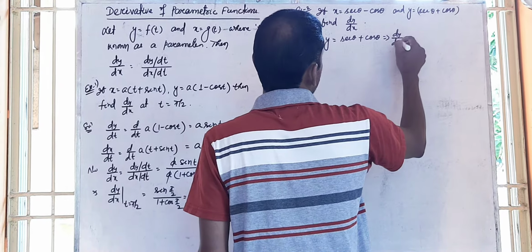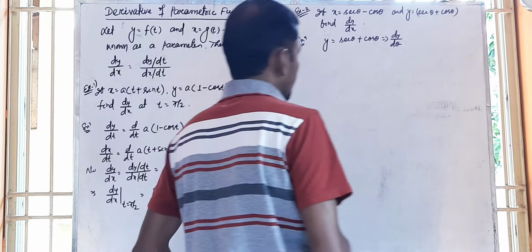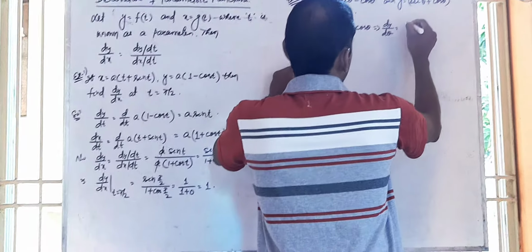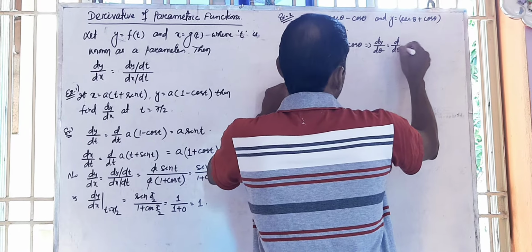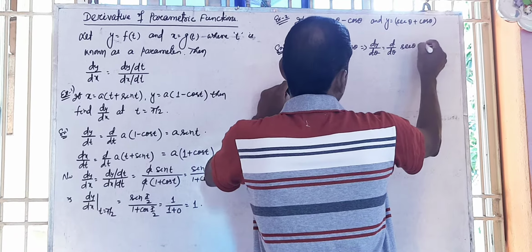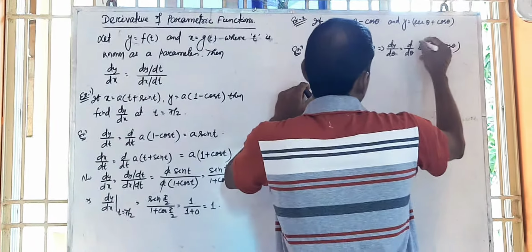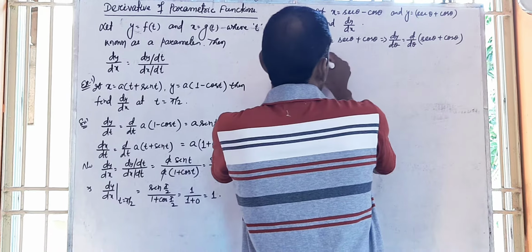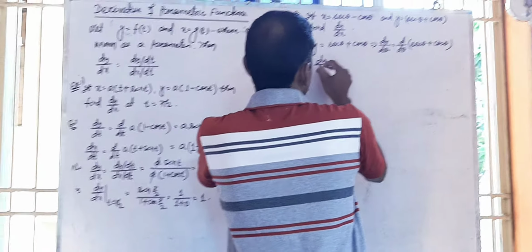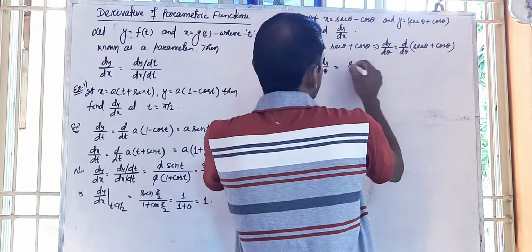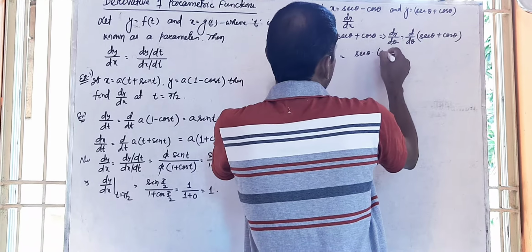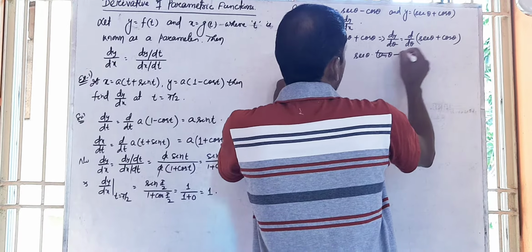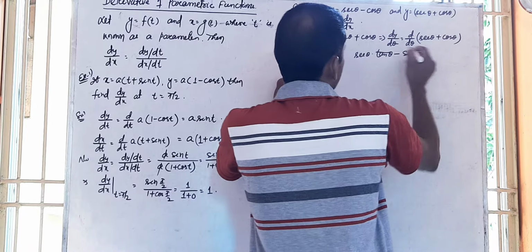So here we write dy by d theta. Here we look at the variable. So dy by d theta equal to d by d theta of sec theta plus cos theta. This implies dy by d theta: the derivative of sec theta is sec theta into tan theta, and the derivative of cos theta is minus sin theta.